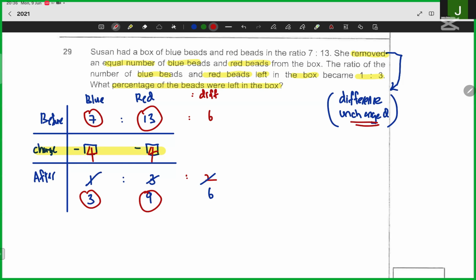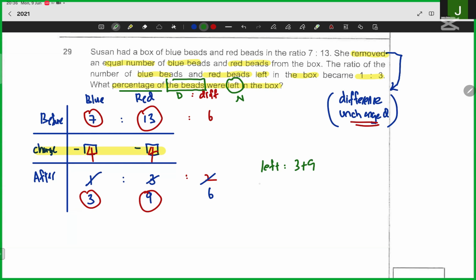Now, the question asks, what percentage of the beads were left in the box? After the word percentage of, the beads must be my denominator. The left must be my numerator. So my left is 3 plus 9.